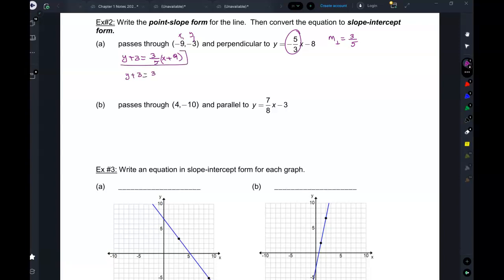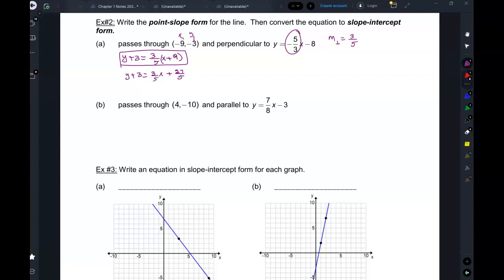So that's the point slope form. And then when I distribute, plus 27/5, right?